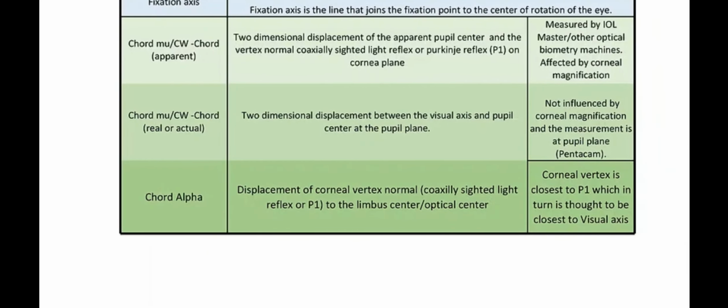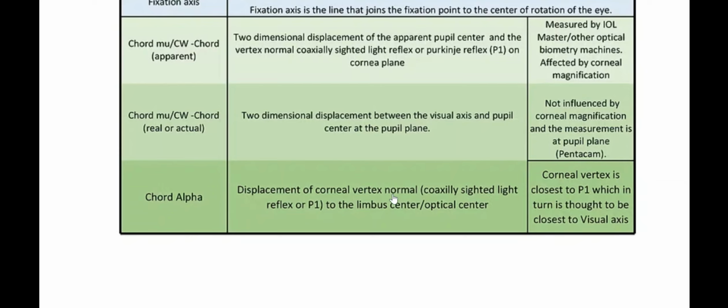Now, chord alpha, what is chord alpha? Like chord mu, which is the difference between the pupil center and the visual axis, where the Purkinje's light reflex is taken as very close to the visual axis, chord mu is equivalent to angle kappa. Chord alpha is equivalent to angle alpha, right?